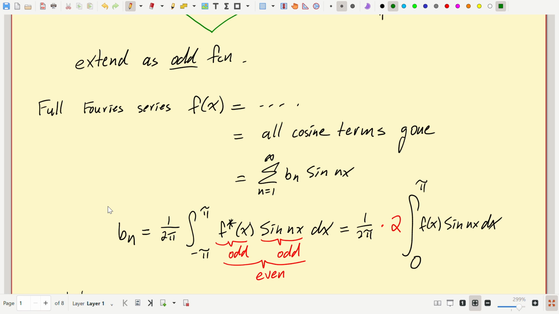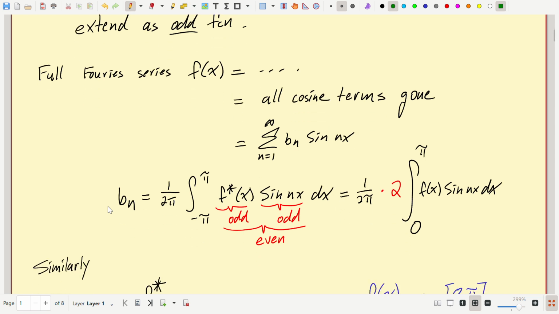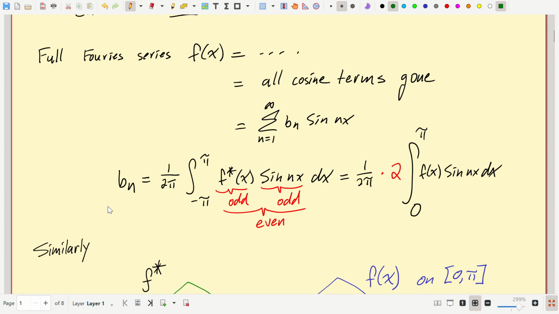It's 1 over 2 pi instead of 1 over pi. Integral from minus pi to pi of the f star extension times sine nx dx. And of course, f star is odd, because we made it odd, and sine is odd, and an odd times an odd is even. And now we've got an integral of an even function on a symmetric interval about the origin. So that integral from minus pi to pi is 2 times the integral from 0 to pi.